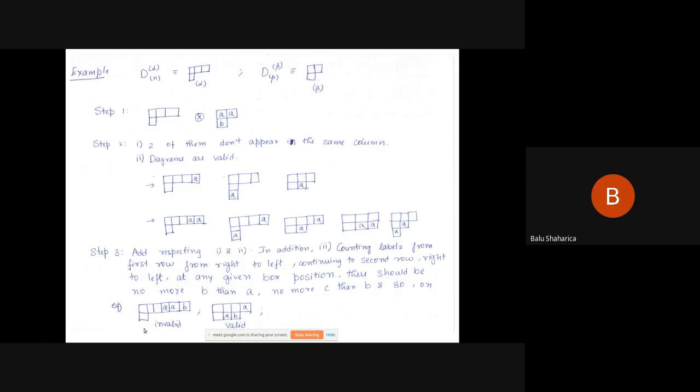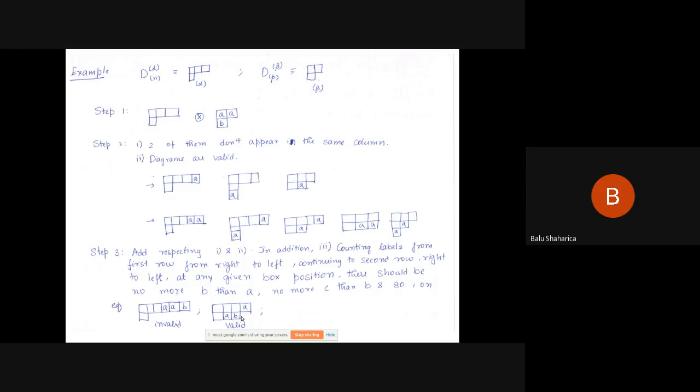So here for this diagram, if we take the very first box itself, the number of B's is 1 and the number of A's is 0. So this diagram is not valid. But this diagram, on the other hand, is valid because there's one A till now and there's one B. They can be equal, but the number of B's should not exceed A's.